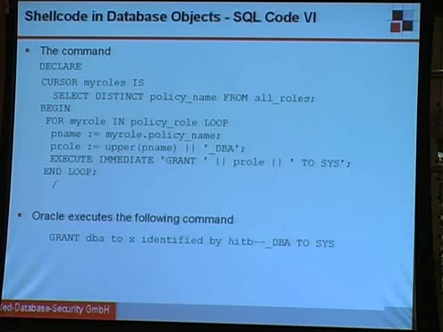The underscore DBA to sys is not executed. And that's one of the ways we can create a DBA user just by creating a specially crafted role name. It's a slow attack, so we must wait until the DBA is executing some standard command.